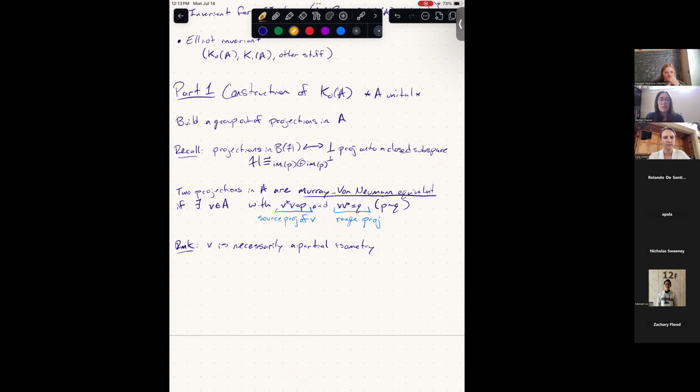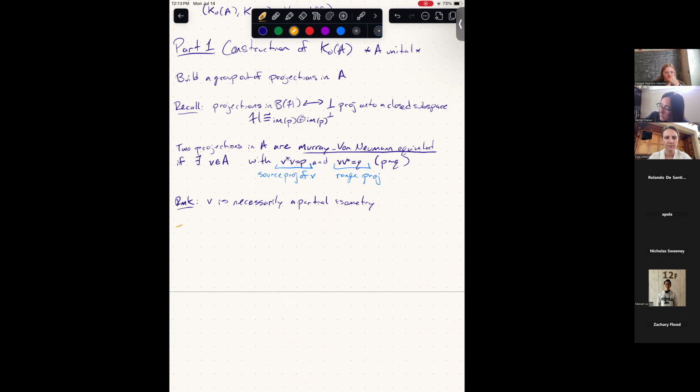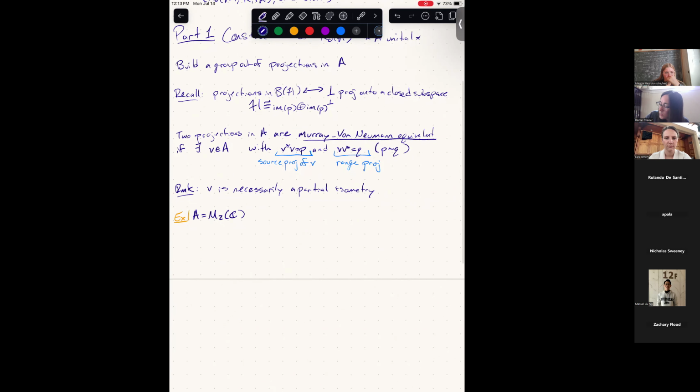And let's do a nice, easy example just to get a feel for what Murray von Neumann equivalence of projections is. So let's work in, let's say, M2 of the complex numbers. Then I can define two perfectly good projections.